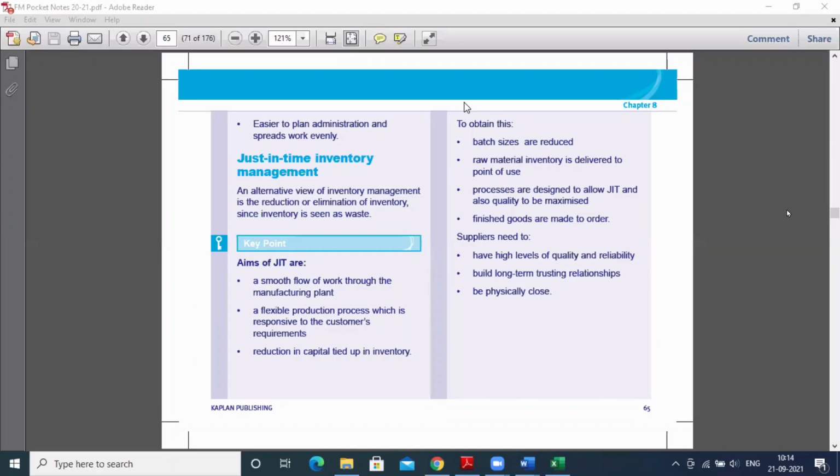So the suppliers need to have high level of quality and reliability, build a long-term trusting relationship, and be physically close. It means whoever supplies the raw material, they need to be very physically close in the sense, very near to the production plant. Then the company should have a long relationship with the supplier and even high level of quality and reliability. So this is about just in time.